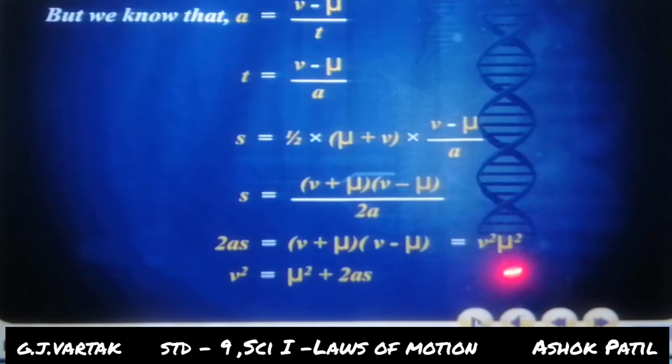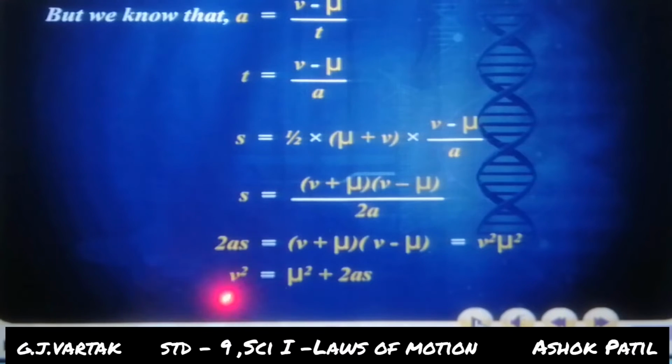Here is the correction: v square minus u square. This is the bracket a plus b, a minus b. a plus b into a minus b is equal to what? a square minus b square. That's why v square minus u square here. u square is negative here, coming to this side positive, and remaining v square.